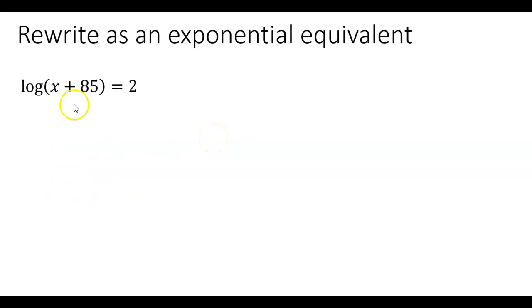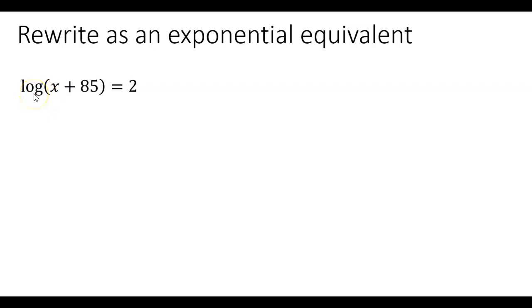All right. So now we're going to rewrite as an exponential equivalent, and take a look at how to solve that. Here I have the log of x plus 85 in the argument is equal to 2. If we recall, if we do not see a base here for log, it's assumed to be 10. So if you want to write a little 10 in the lower right of the log at this point, you can if it makes it a little easier for you.